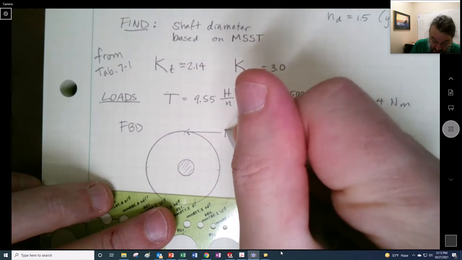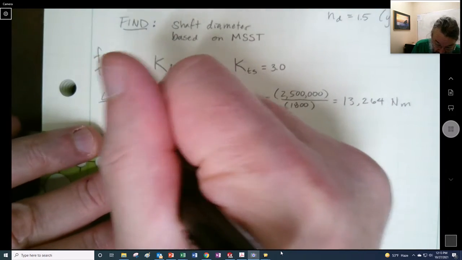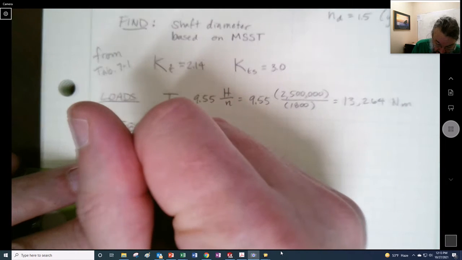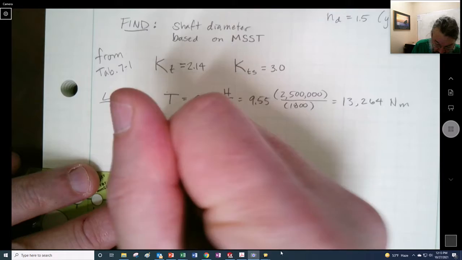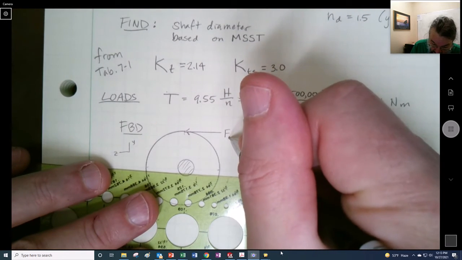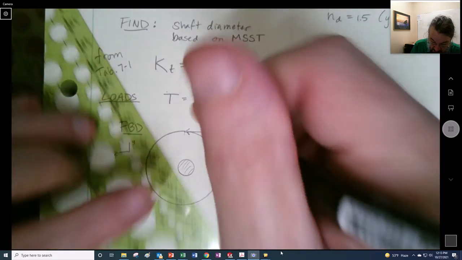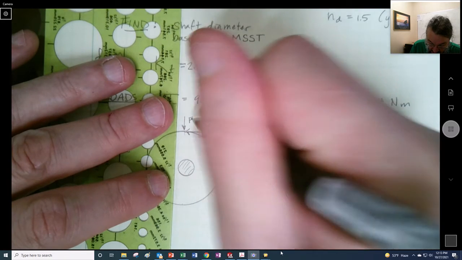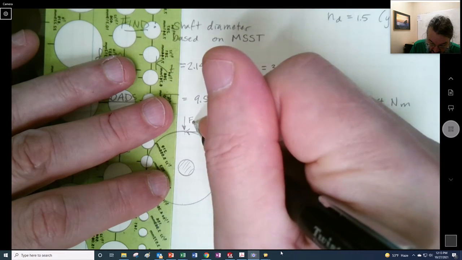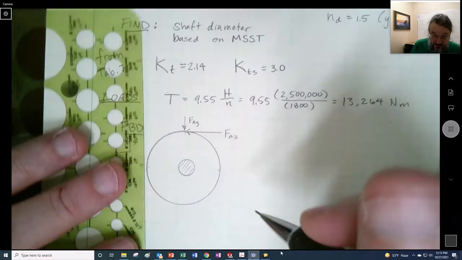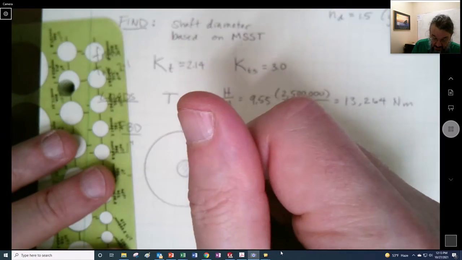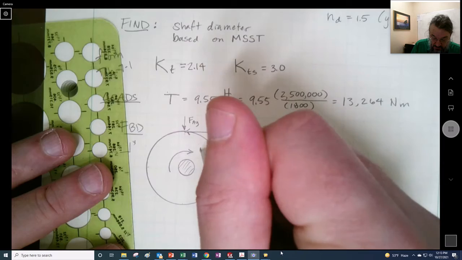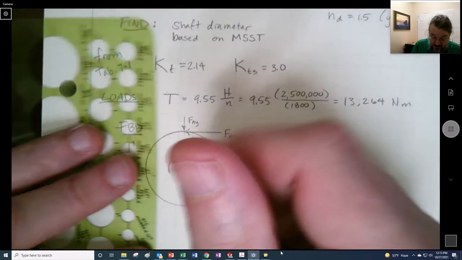From our FBD, we are looking down the shaft. So here is the Z direction and the Y direction. That's FAZ, and it's going to have a component coming down this way, which is our FAY. If that's going this way, that means the torque is coming this way in the shaft.